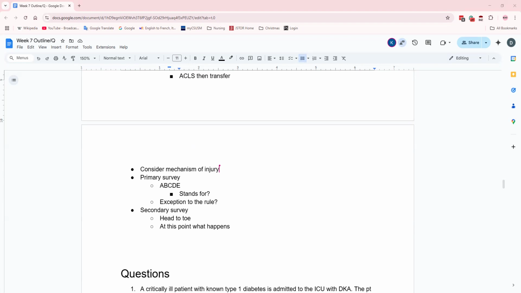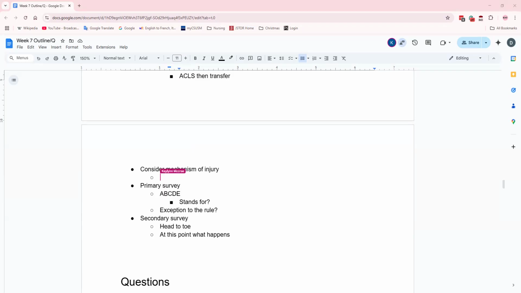Is it a stab? Is it acceleration and deceleration forces, where like you learned this week, the brain moves forward and back, kind of ricochets inside of the head and causes a secondary injury? So consider your mechanism of injury to really understand what's going on.